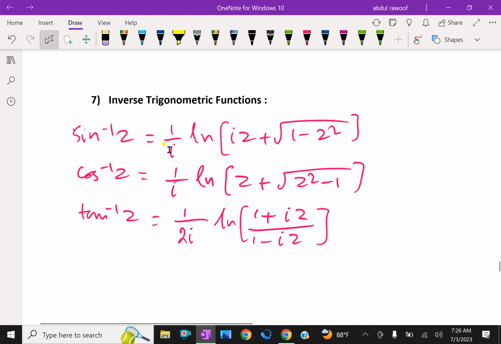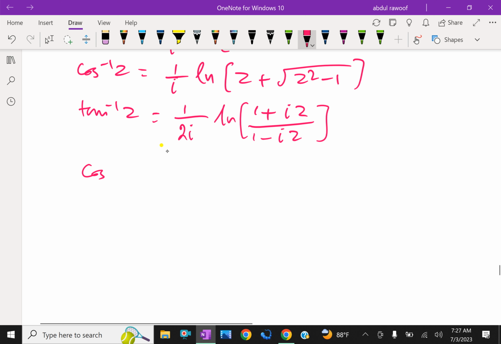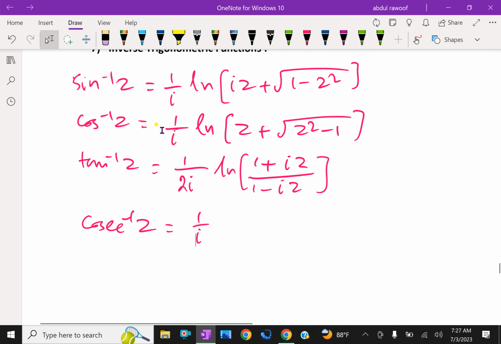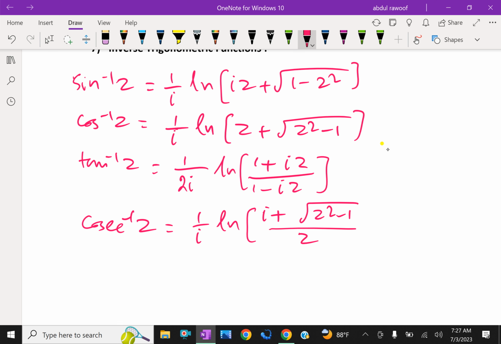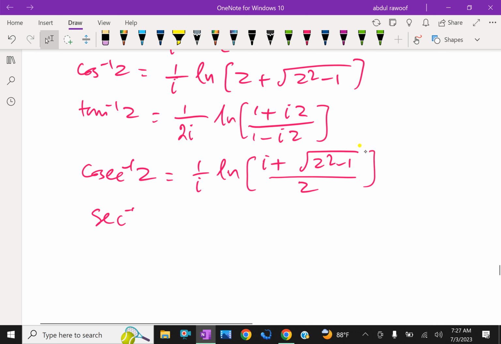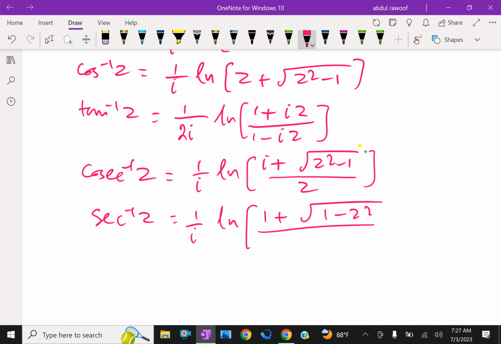Same for reciprocals, that is, cosecant inverse z equals 1 over i ln of (i plus square root of z square minus 1) over z. Secant inverse z equals 1 over i ln of (1 plus square root of 1 minus z square) over z.